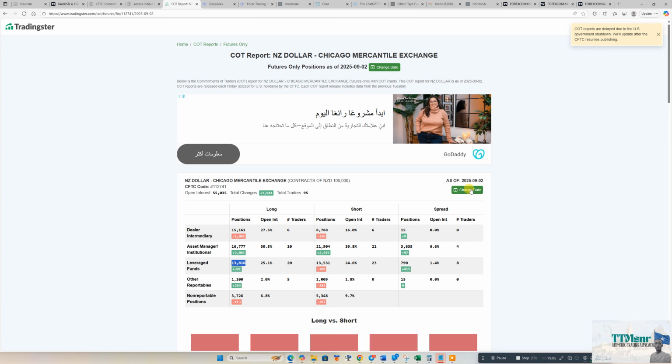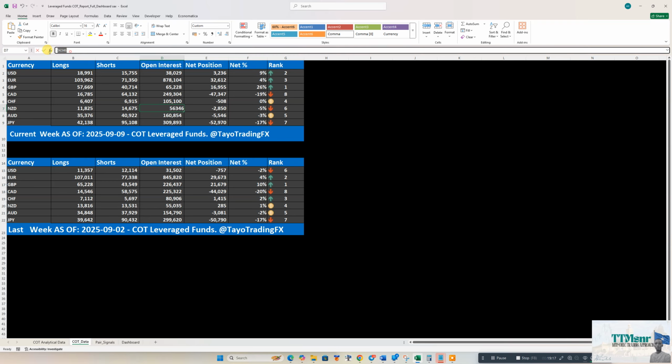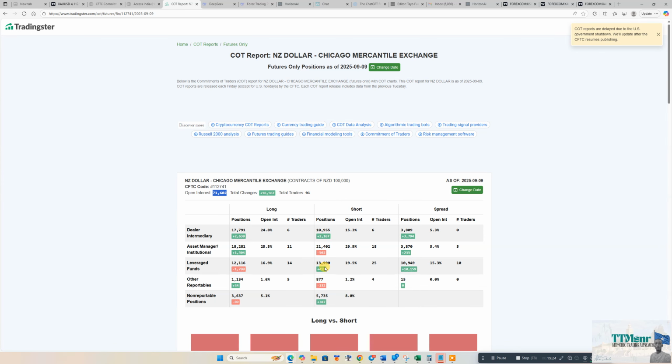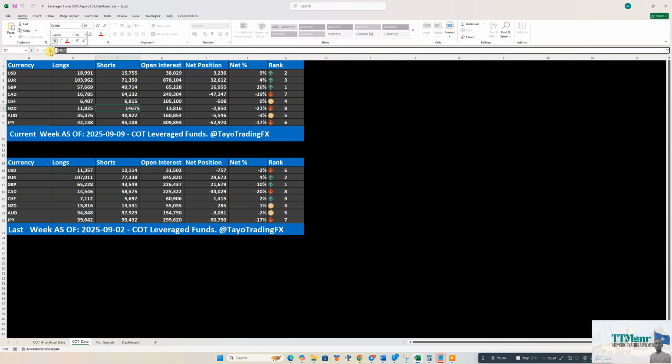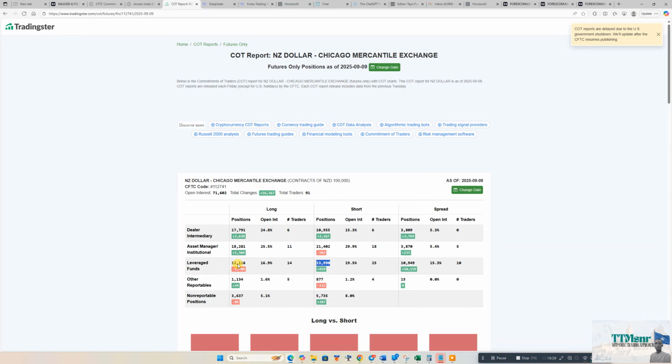Open interest of week 2. Release it. Short positions important. Long positions also important.